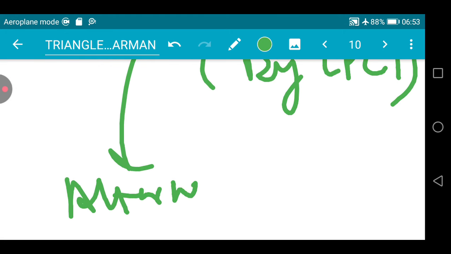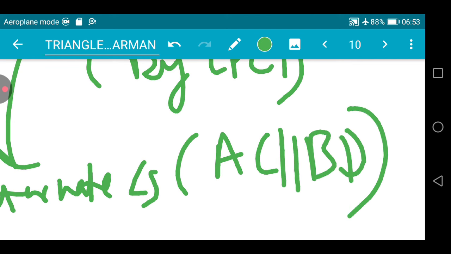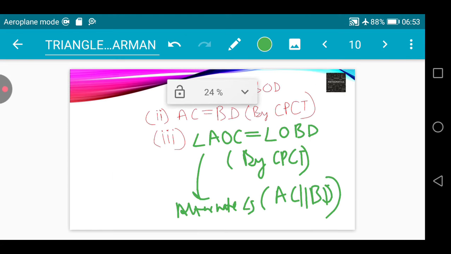If there are alternate angles and they are equal, then AC will be parallel to BD. We have proved this. Now we are moving to the next question.